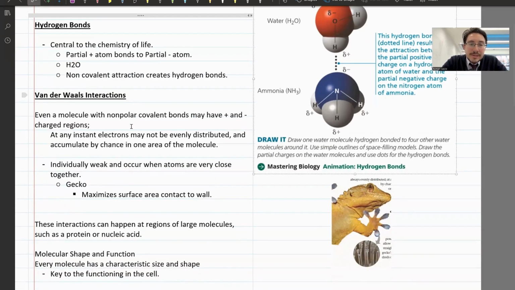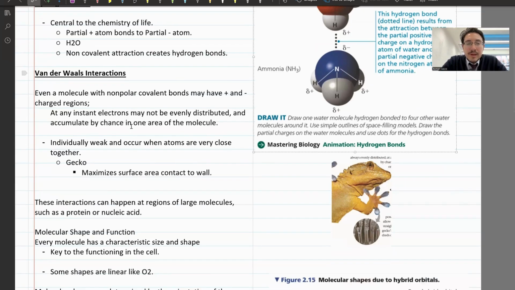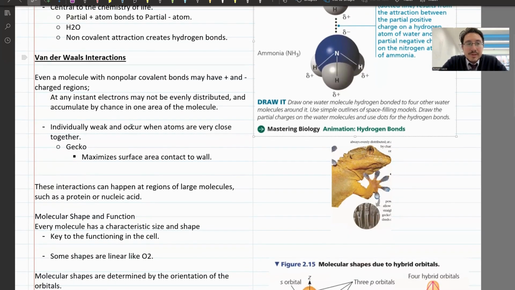Van der Waals interactions, right? Another type of attraction, even when you don't have polarity. This can occur with non-polar covalent bonds. They can have some negative and positive regions, but as a net, they have no charge.